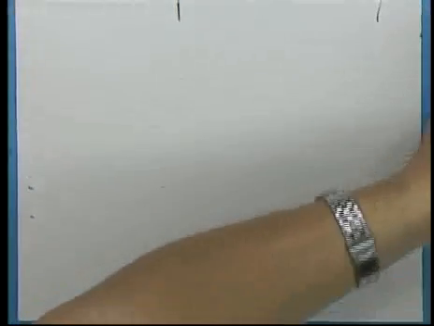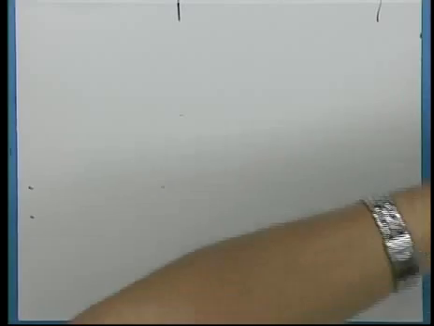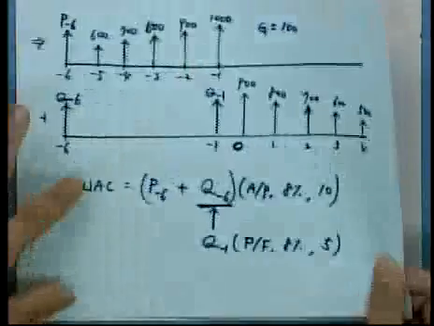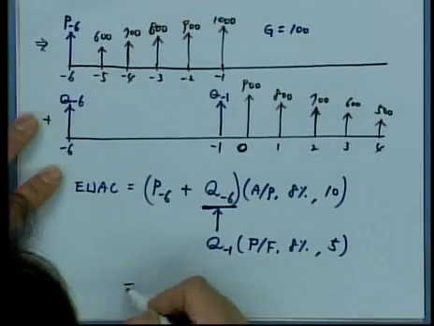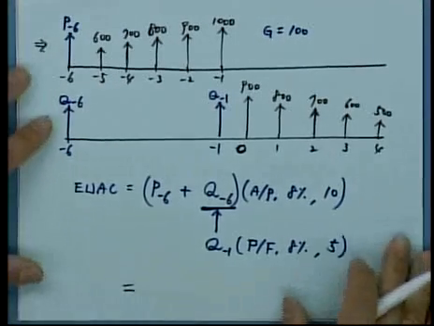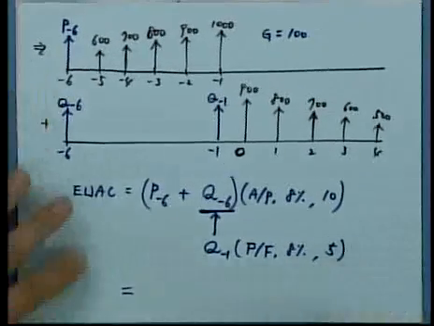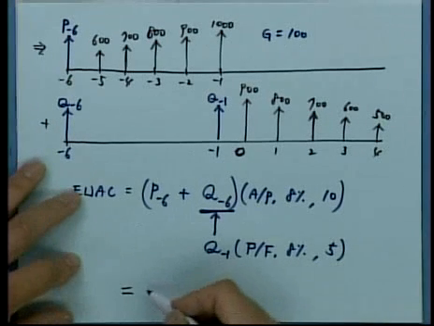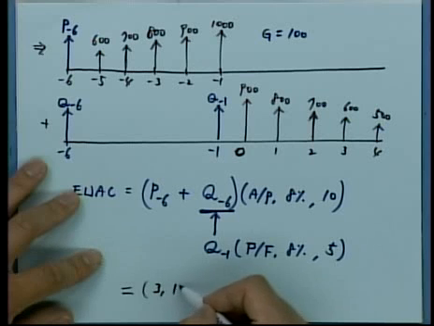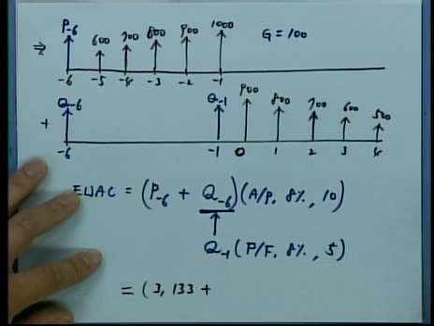So if we go back to this formula that we've written down earlier, P sub negative 6 is 3,133.